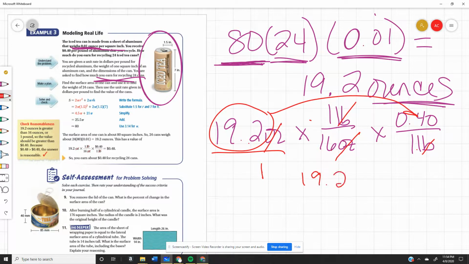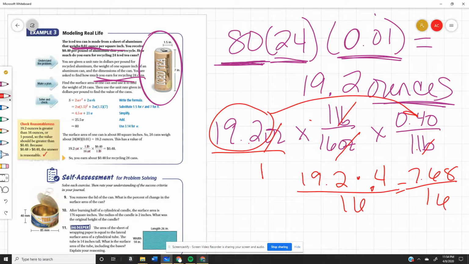So basically that looks like 19.2 times 0.4 divided by 16. 19.2 times 0.4 is 7.68 divided by 16 is a whole whopping 48 cents. So if I recycled 24 aluminum cans, I would earn 48 cents.